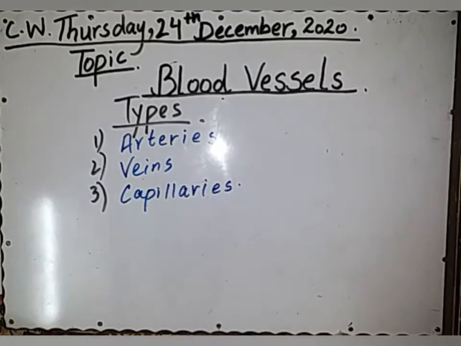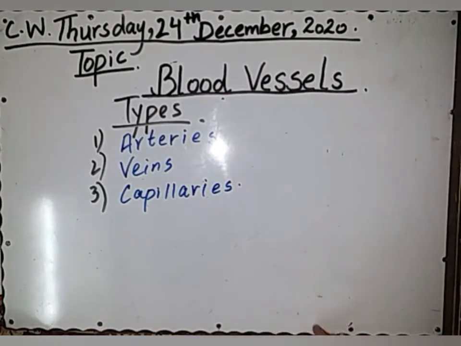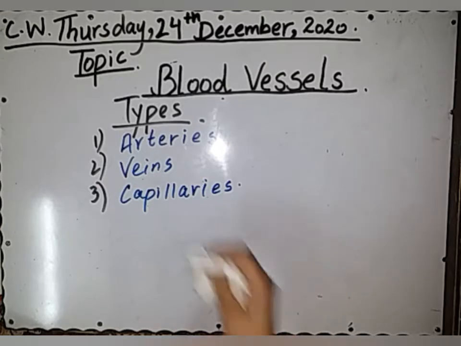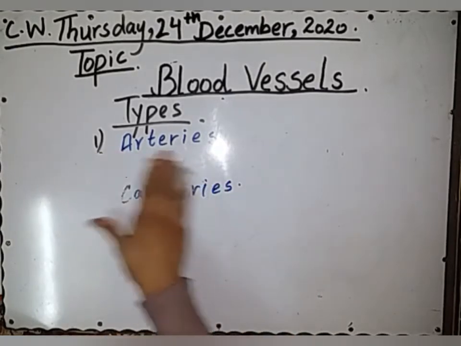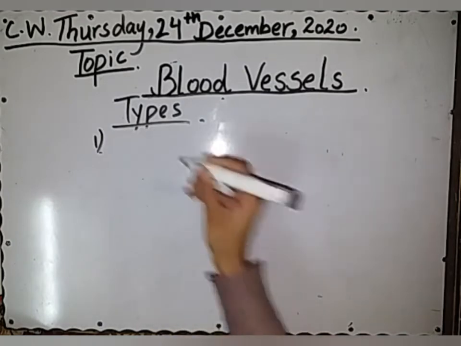So, the three blood vessels are arteries, veins and capillaries. Now, I will explain what arteries are, and after that we'll explain veins and capillaries too.